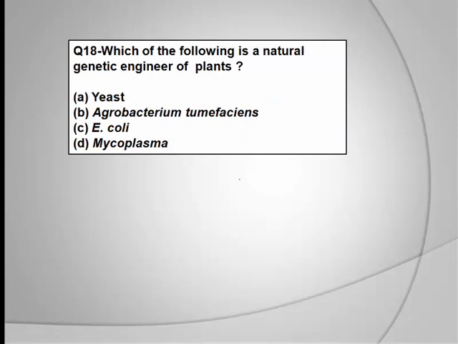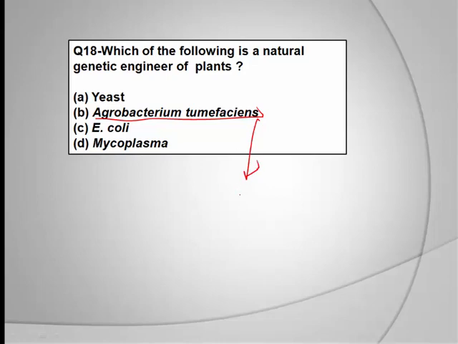Which of the following is a natural genetic engineer of plants? So the question is very direct here. Natural genetic engineer, so the answer is Agrobacterium tumefaciens. Why is it called the natural genetic engineer of plants?